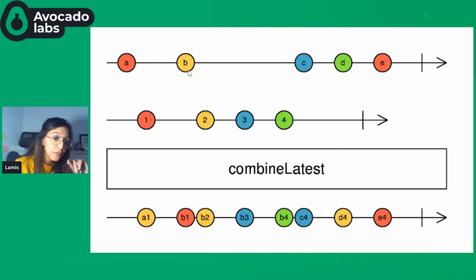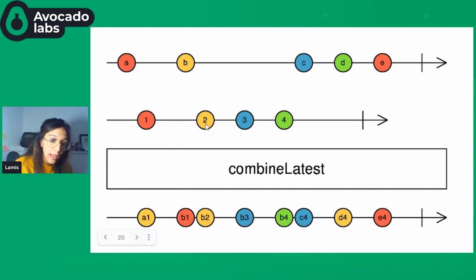Now, at this level, this observable emitted B. So combineLatest should emit this value to its consumer, because there's something new. It should always return the last values of all the observables combined. But at that time, this observable did not emit anything. So what's its last value? It's 1. So it should emit B1.